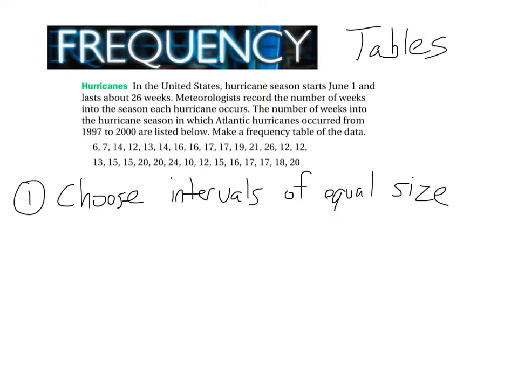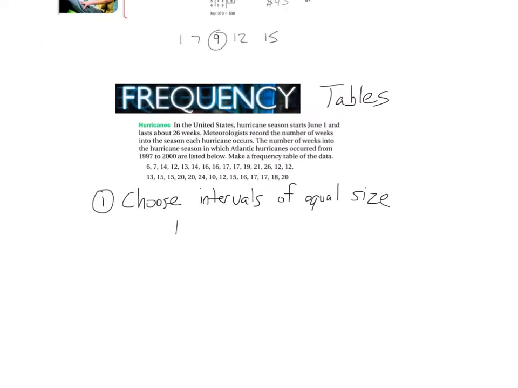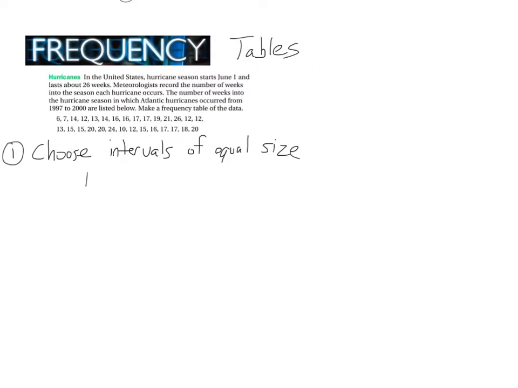Well, let's say we used intervals of 1 week. That would mean our frequency table would look like this. The first column would be weeks into the season. So 1 week into the season, 2 weeks, 3 weeks, 4. They're intervals of 1 week.